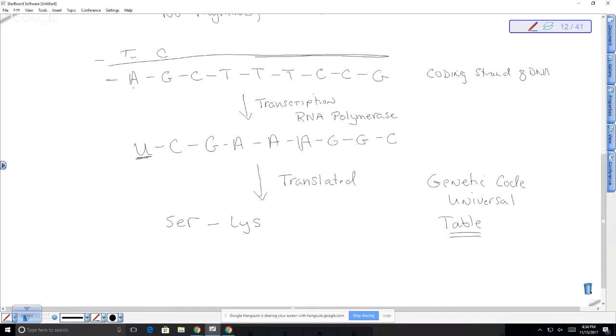So AAA is lysine, and then GGC, I look in my table, and that's glycine or GLY. So this is the sequence of amino acids. Okay, so I would use the table to determine that.